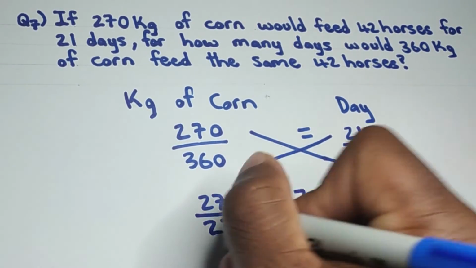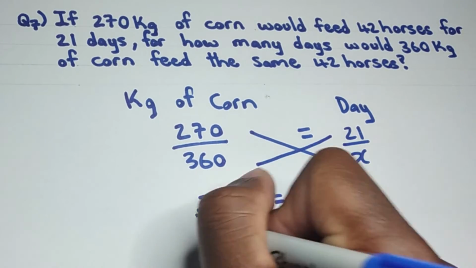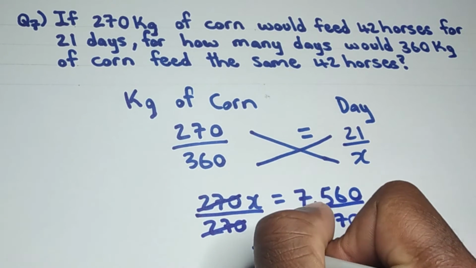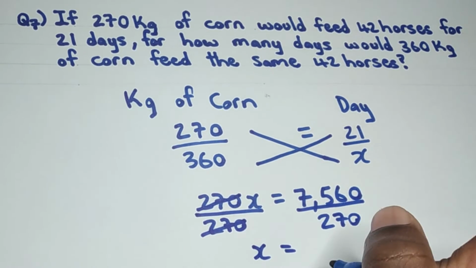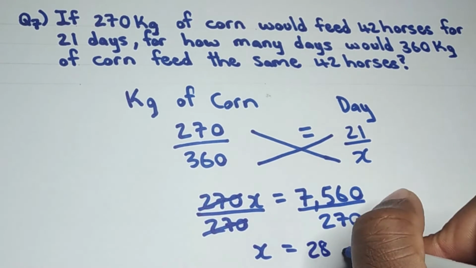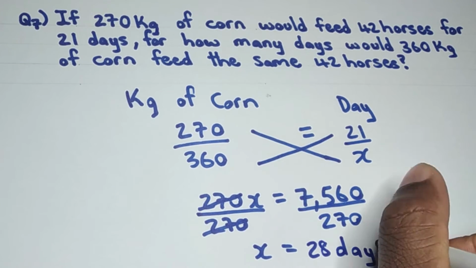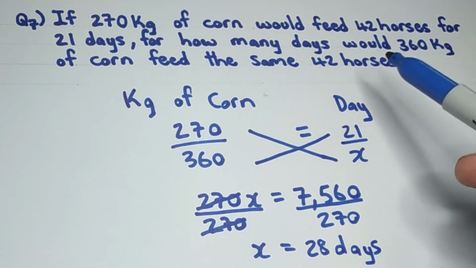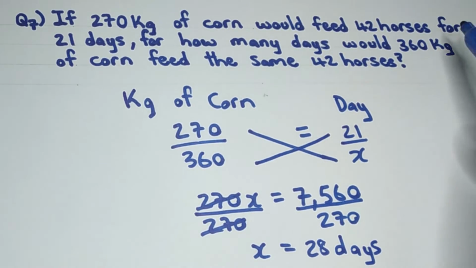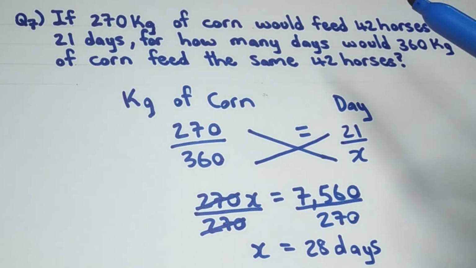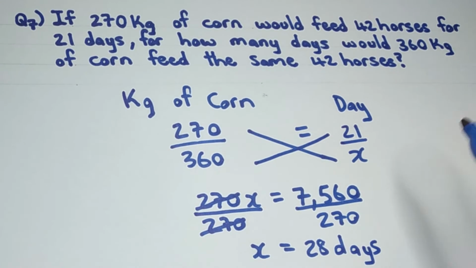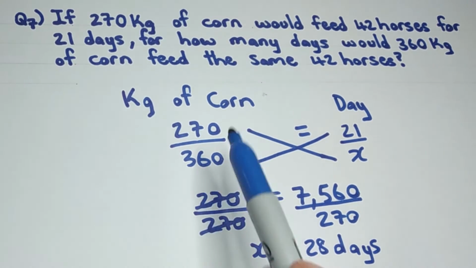When we do that, 270 here will cancel 270 down here, and x will be equal to 28 days. So we can always say that the 360 kilograms of corn will last the 42 horses for 28 days. As I always mention, you can have a little statement there to give clarity to what you would have done up here.